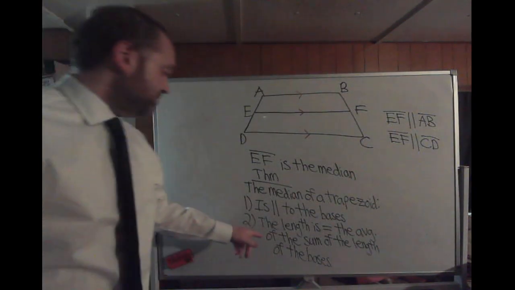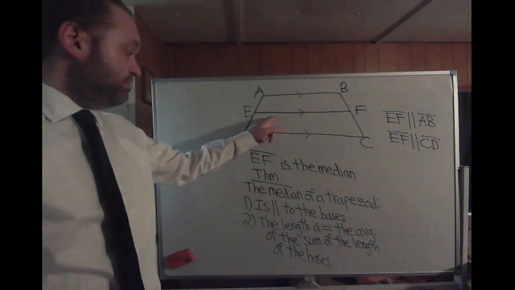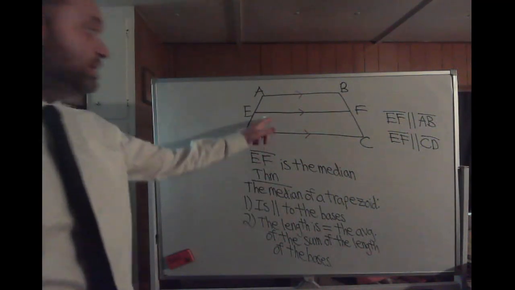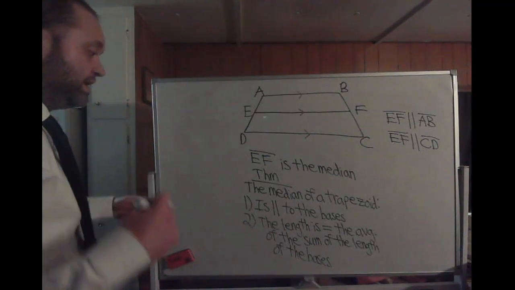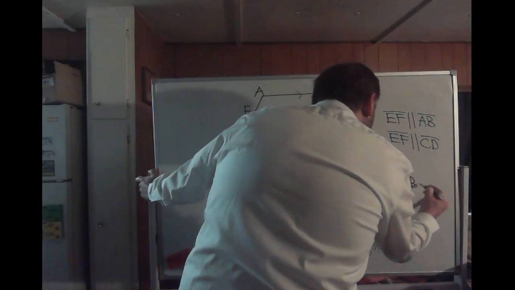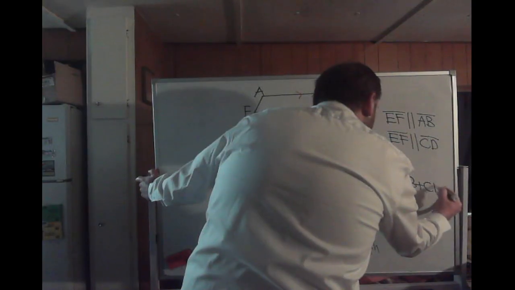Part two of this theorem states that the length of the median is equal to the average of the sum of the bases. So let's look at this particular trapezoid. If you wanted to find the length of EF, that means it's equal to half of the sum of the lengths of AB and CD.